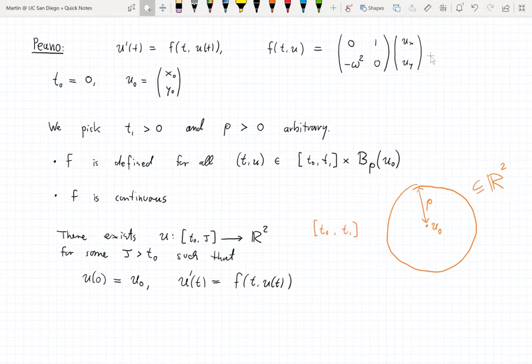So we got u'(t) equal f(t, u(t)), where f(t,u) is defined as the matrix vector product with the 2 by 2 matrix, 0, 1 in the first row, and negative omega squared, 0 in the second row, multiplied to the vector u. So we start at time t0 equals 0 with initial vector u0 equal (x0, y0). The initial vector contains the initial position and the initial velocity.